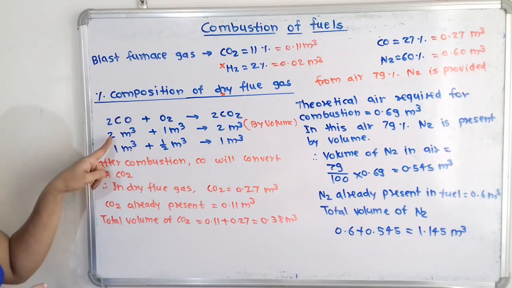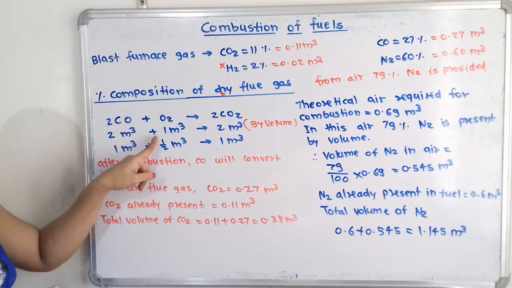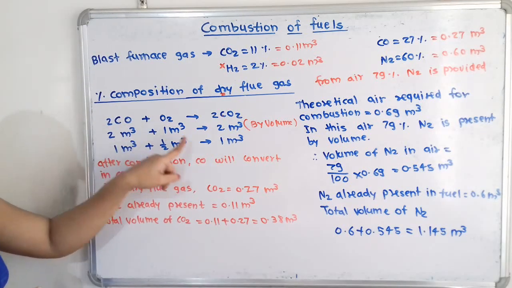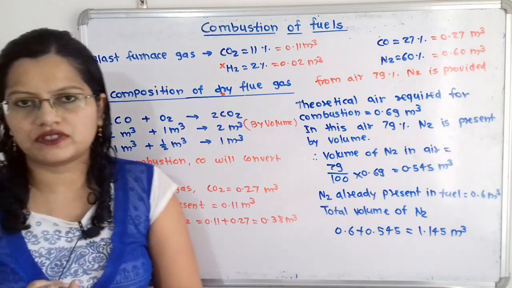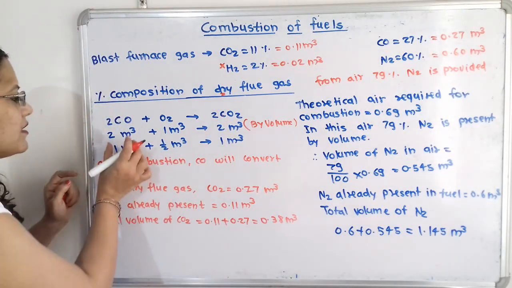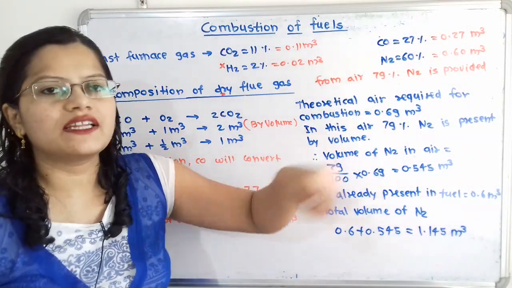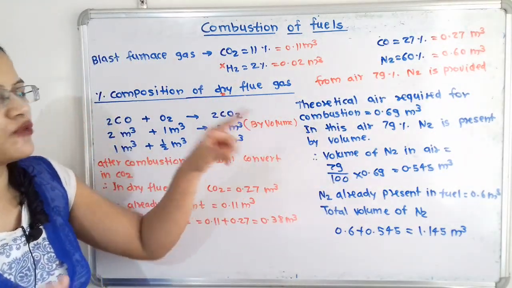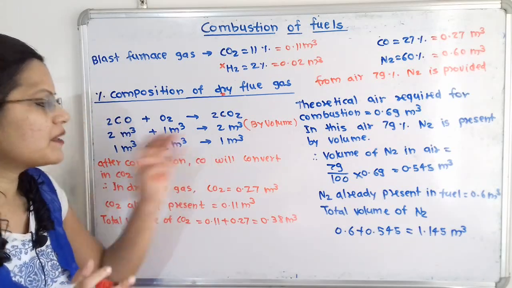So we can say that 1 meter cube of carbon monoxide combines with half meter cube of oxygen to give 1 meter cube of carbon dioxide. That means when 1 meter cube of carbon monoxide burns, it will produce the same volume, 1 meter cube, of carbon dioxide.